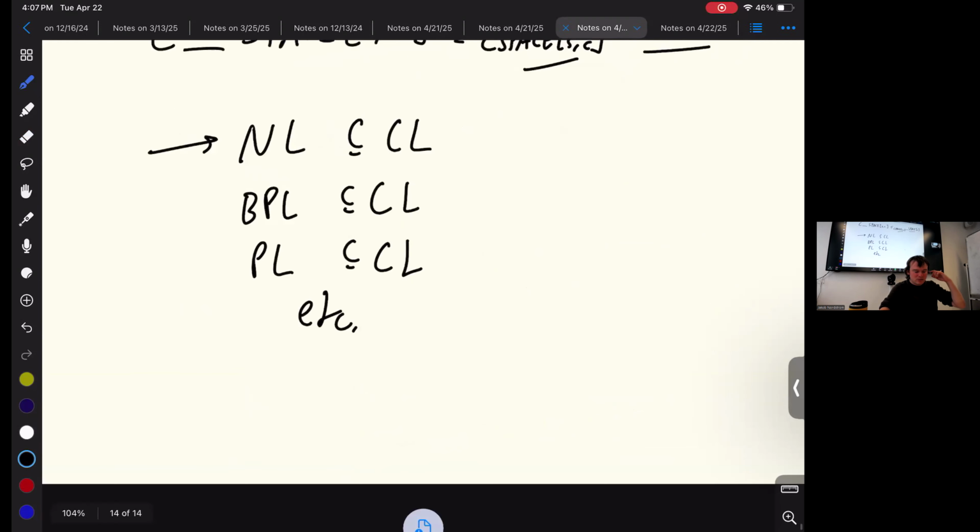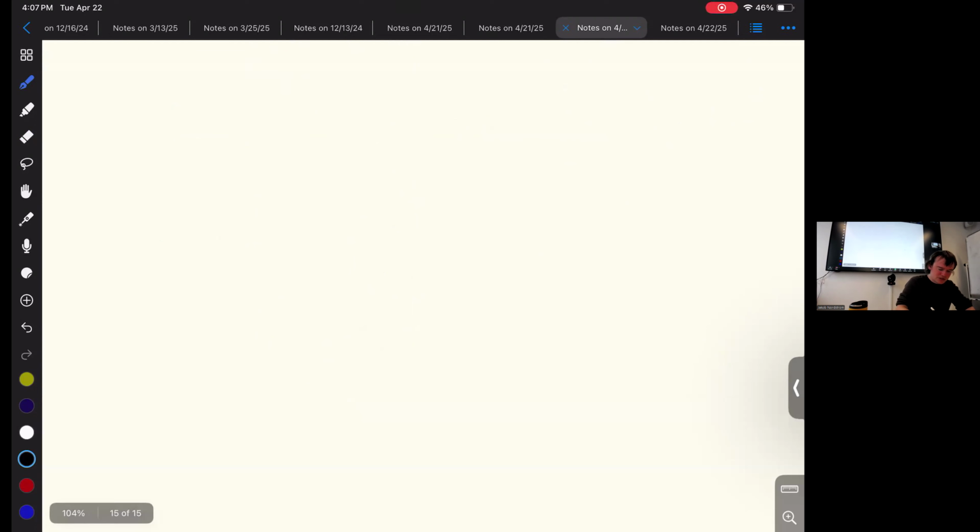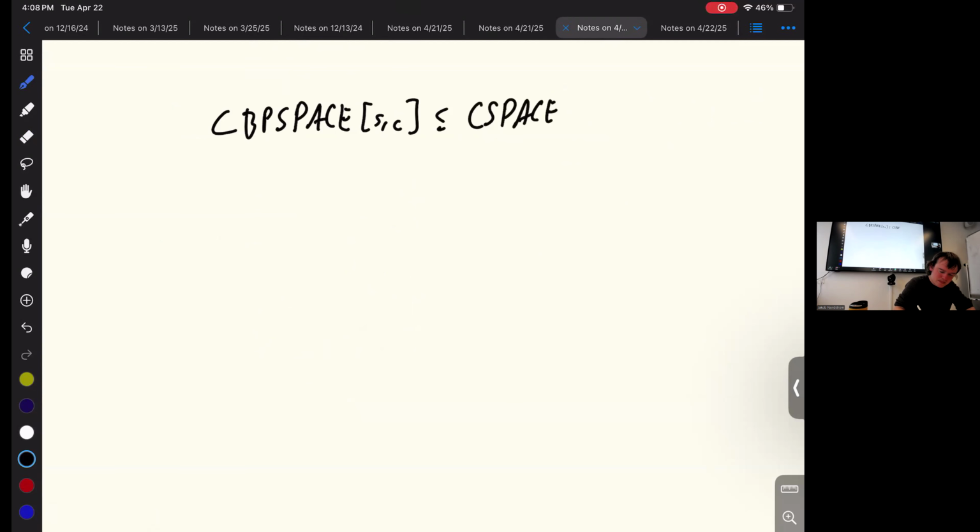I should say, because of this compression argument that I just outlined at the end, the total space usage, again, it's S comma C here. There's no losses. This one depends on what your loss is in your simulation. So for BPL, as I mentioned earlier, BPL is in free space log n, catalytic space log squared n, which means that CBP space S comma C is in C space S, it's order S, C plus S squared.